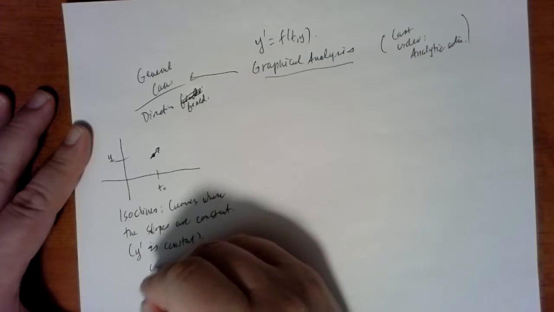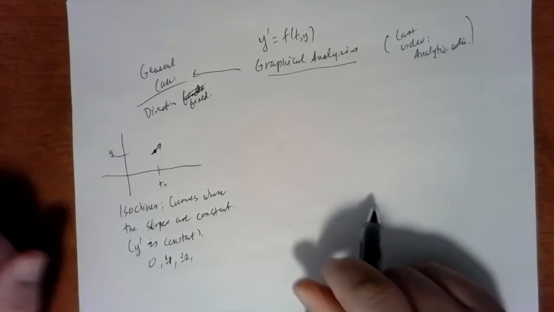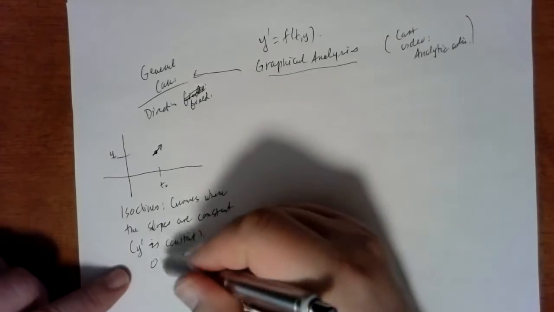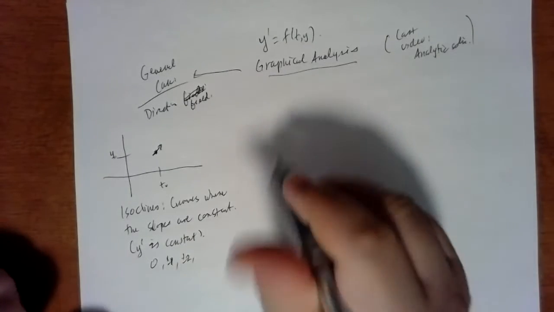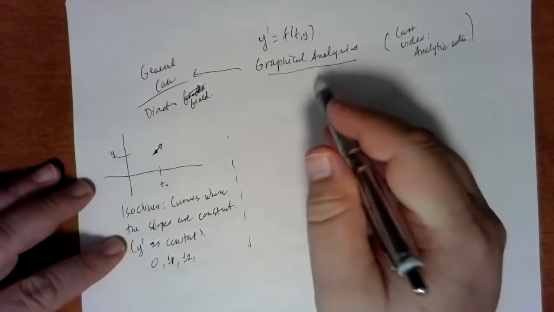So you could use the 0 isocline, the 1 isocline, 2 isocline, plus or minus. You probably wouldn't do too much more than that by hand, right? And then you could draw those curves. So that's the general case.